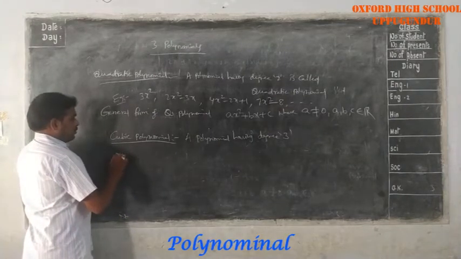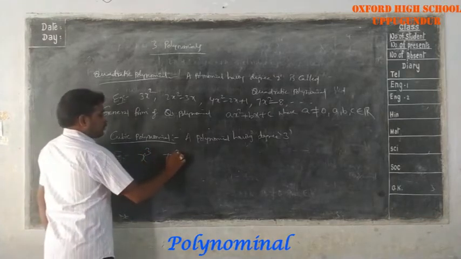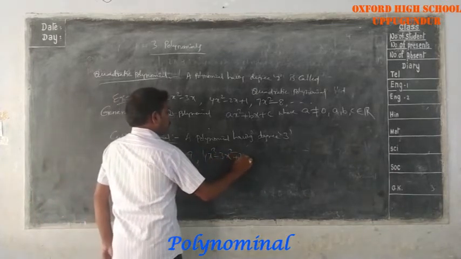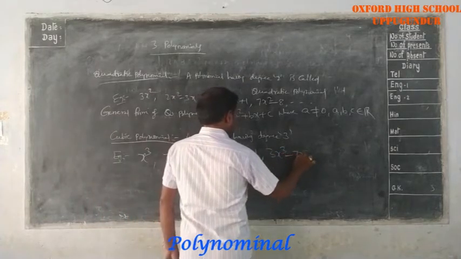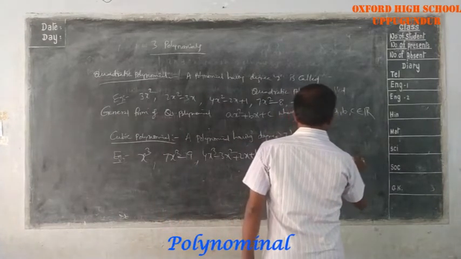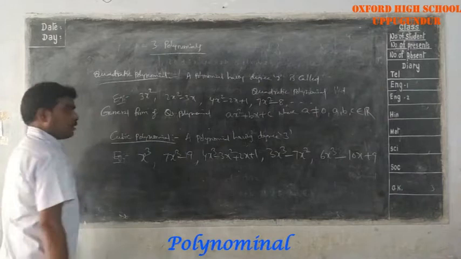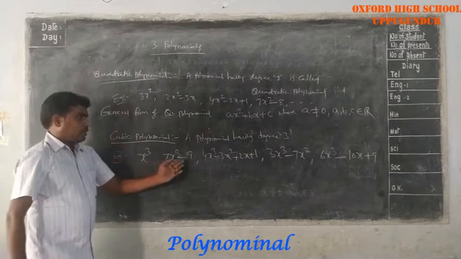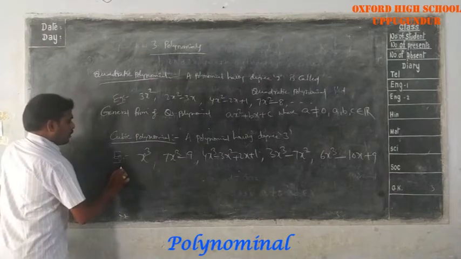So for this you can write examples like this: x cube, 7x cube minus 9, 4x cube minus 3x squared plus 2x plus 1, 3x cube minus 7x squared, 6x cube minus 10x plus 9. In this way you can write different examples for cubic polynomial. When you observe all these, for all these examples degree is 3, that's why it is cubic polynomial.